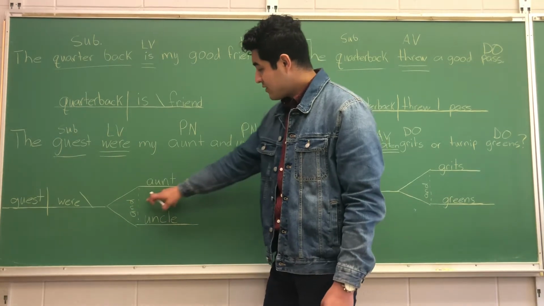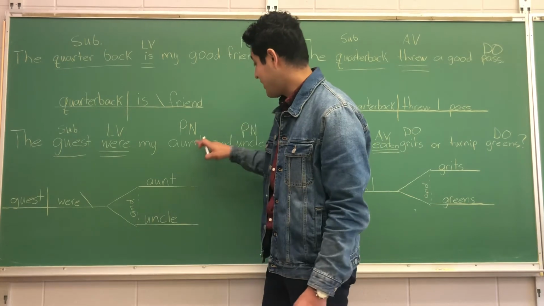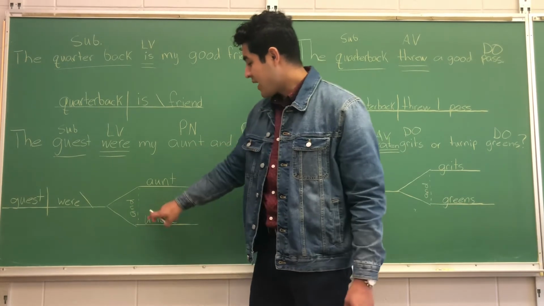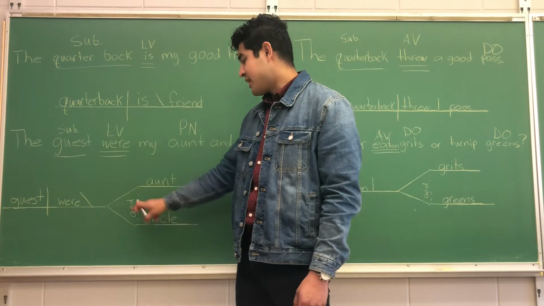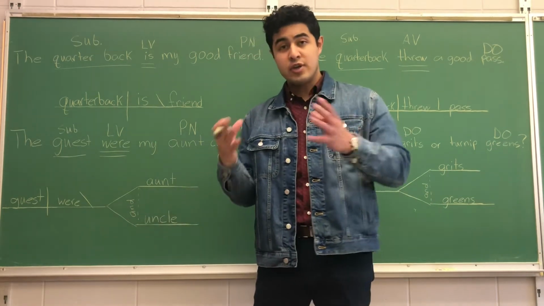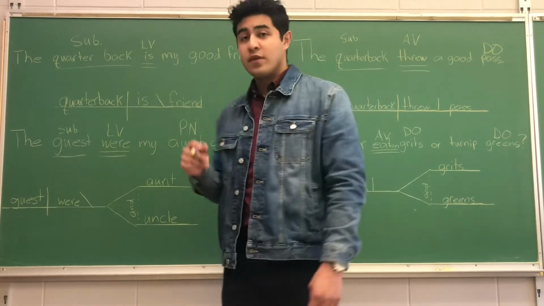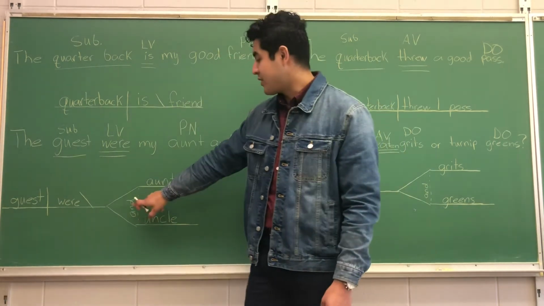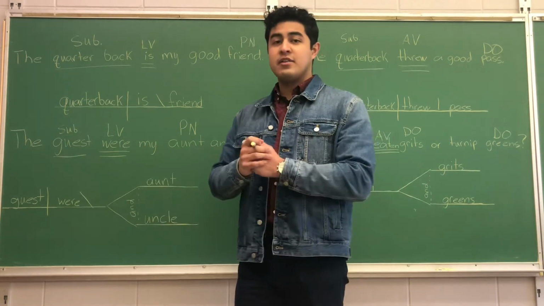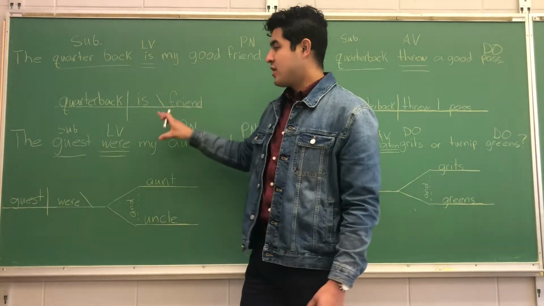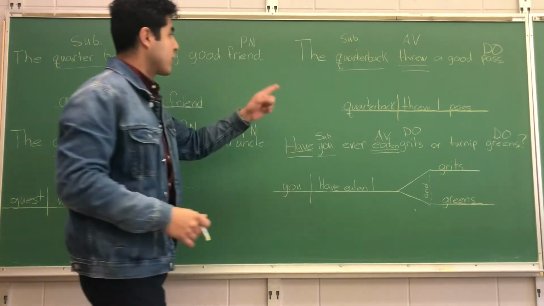So we got aunt, joined by the conjunction and uncle. Now, if there's no conjunction between your compound predicate nominative, you can write the X like we do. Or if there's a semicolon, you don't write the semicolon in this spot, you write an X on that spot, okay? So, predicate nominative. Let's move on to direct object, okay?